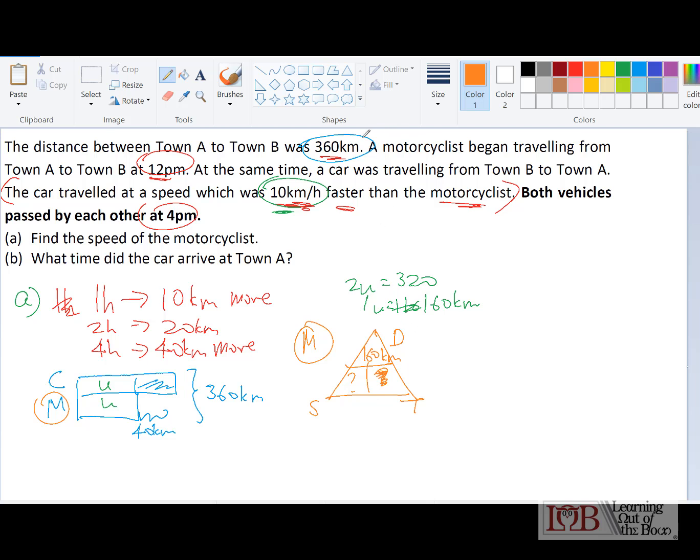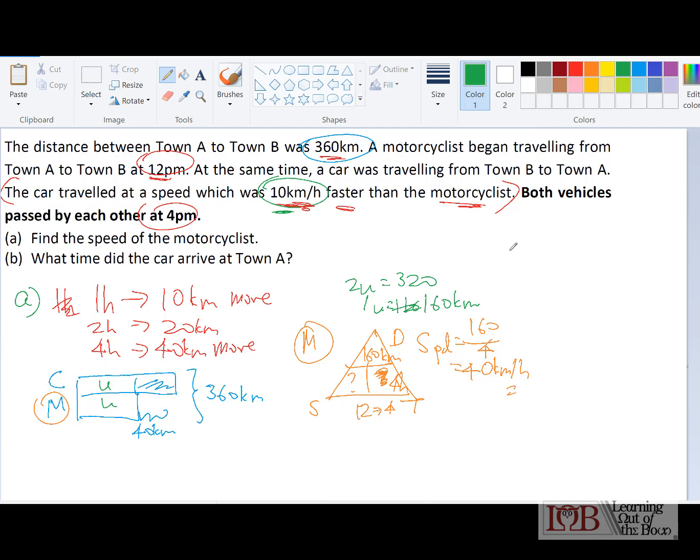It's actually from where? So from 12 p.m. to 4 p.m. is actually 4 hours here. Yeah. So you know that to find the speed of the motorcyclist is 160 over 4, which is 40 km per hour. Okay, so this is the answer for part A.